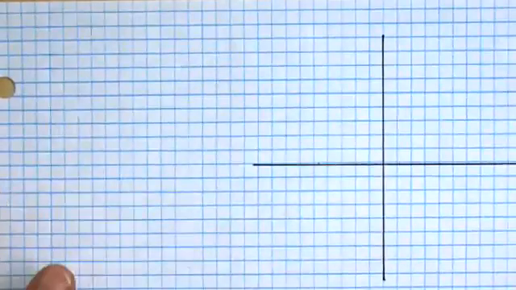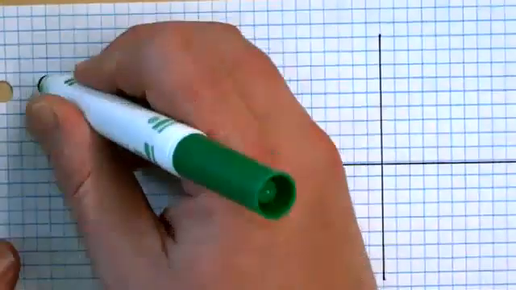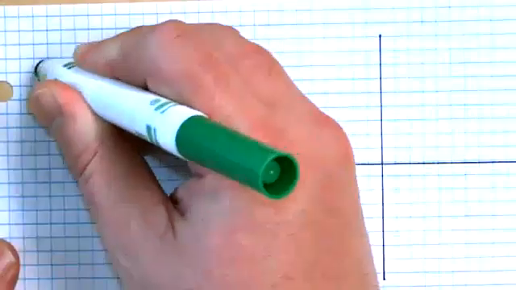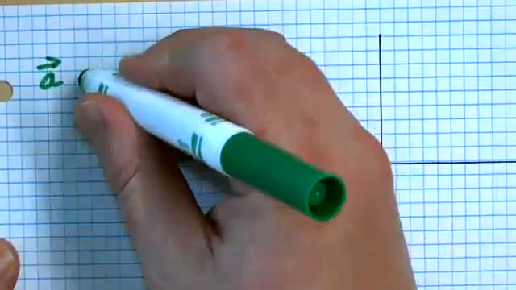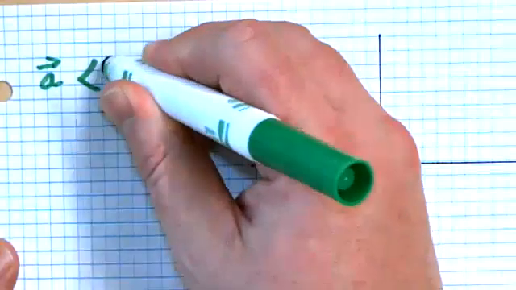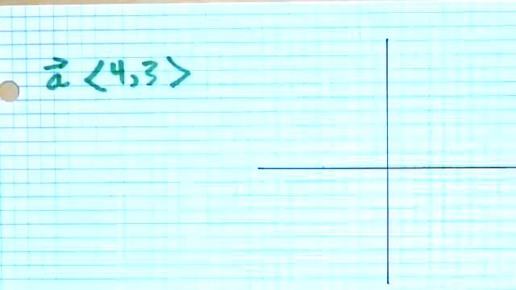And then again, I'm going to color code these. So I'm going to be working with 3 vectors in this first example. So use 3 different colors. I'm going to call them A, B, and C. So lowercase a with an arrow over it. So I'll write these down and then I'll pause so you get a chance to get caught up here. So A is 4, 3.